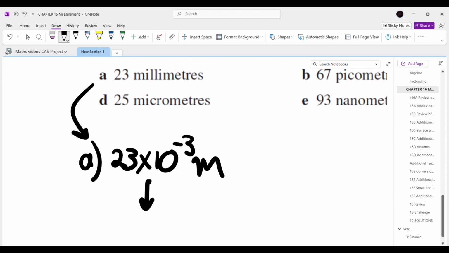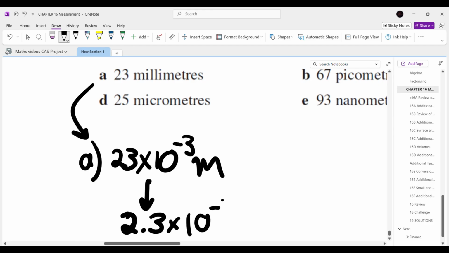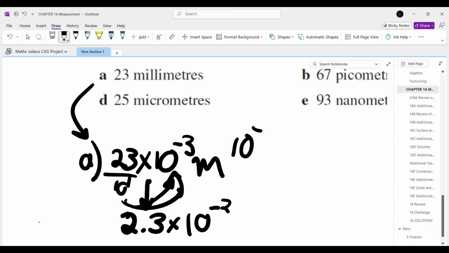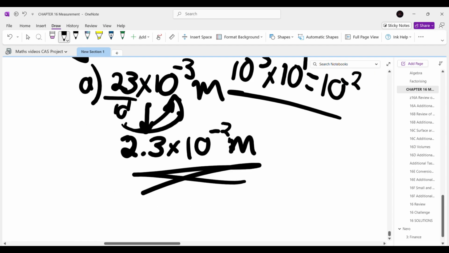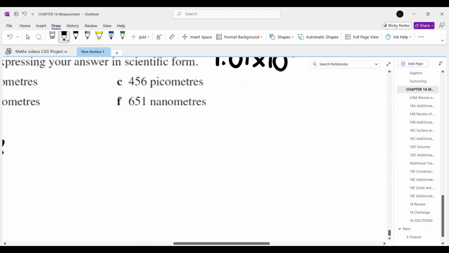And then what you do here is you put the decimal point right here, so it would become 2.3 times 10 to the minus 2, because you're dividing by 10 to the 1 here, so you've got to multiply 10 to the 1 back into here, and 10 to the minus 3 times 10 to the 1 is 10 to the minus 2. And that's how you get your scientific value right here.